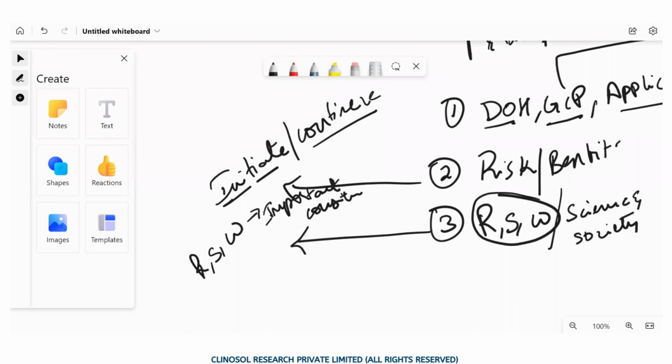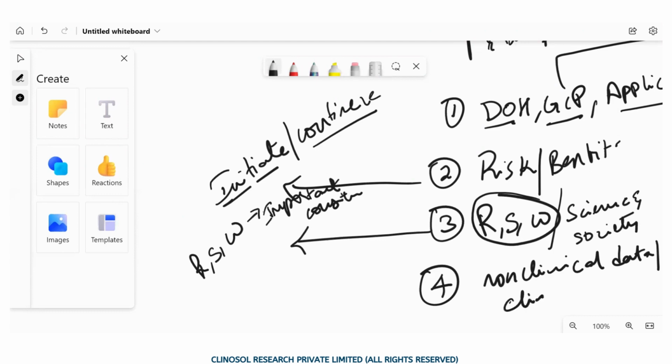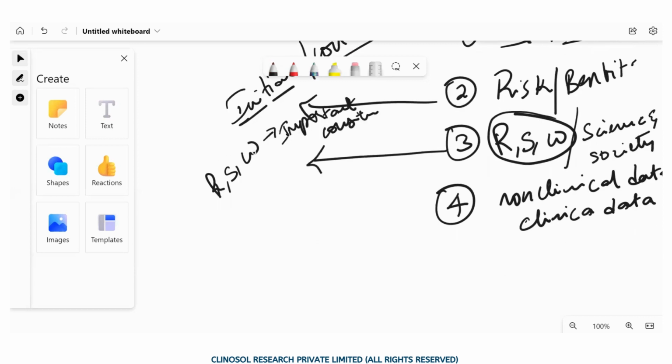Now, coming to principle number 4, you need to understand 2 words here: non-clinical data and clinical data. Always remember, non-clinical data is animal studies, which do not include human beings.